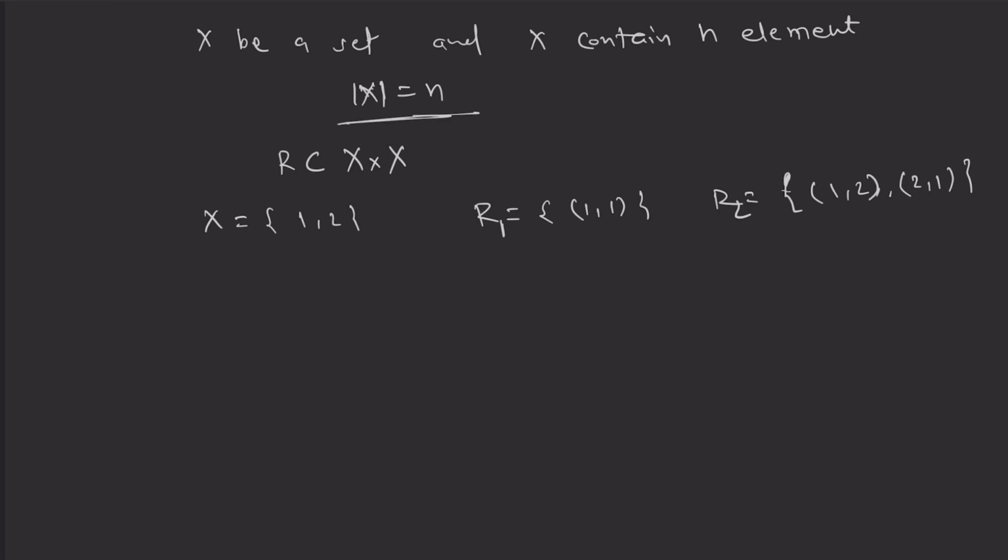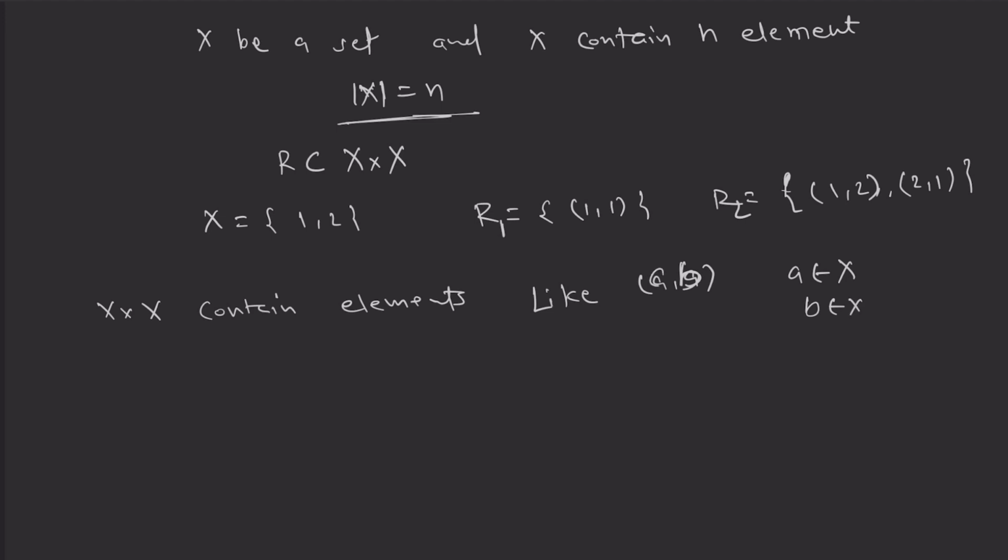First of all, I have to find how many elements are in X cross X. What type of elements does X cross X contain? X cross X contains elements like a comma b, where a belongs to X and b belongs to X.